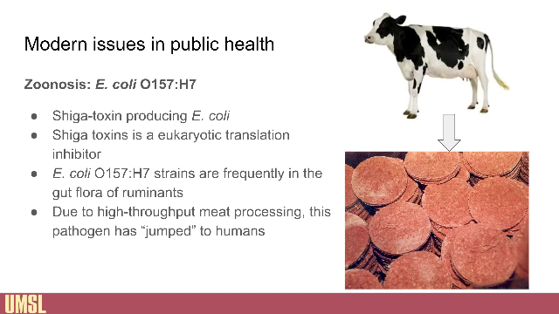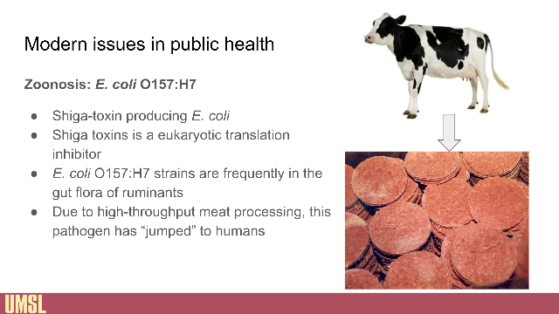I've mentioned this story about E. coli O157:H7. It's a Shiga toxin-producing E. coli that loves to live in cows and doesn't do anything to cows. It's a commensal that lives in the hind ends of cows.